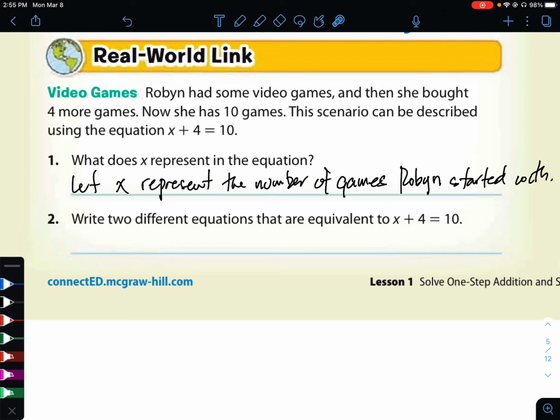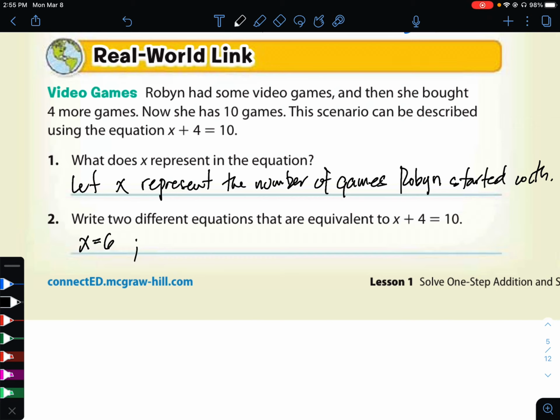Number 2, write 2 different equations that are equivalent to x plus 4 equals 10. So we can write another equation here. To make this equivalent, we can probably say x equals 6, because if we substitute 6 for x, it'll be equal to 10. So that's one equivalent equation.